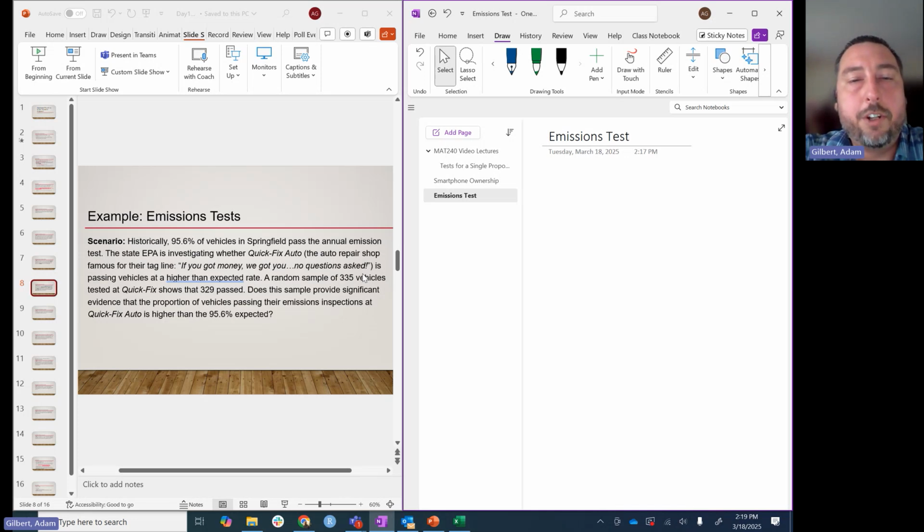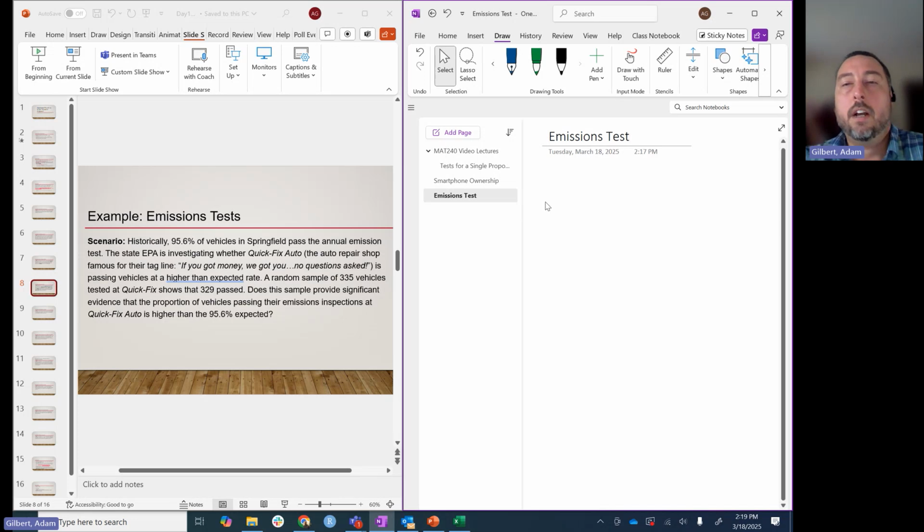We're wondering whether this shop is passing vehicles at a higher than expected rate. We looked at a random sample of 335 vehicles that were tested at Quick Fix, and 329 of those passed. We want to know, does this sample provide significant evidence that the proportion of vehicles passing the emissions test is higher than the expected value here at Quick Fix Auto?